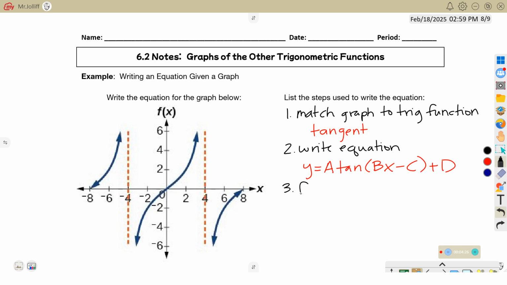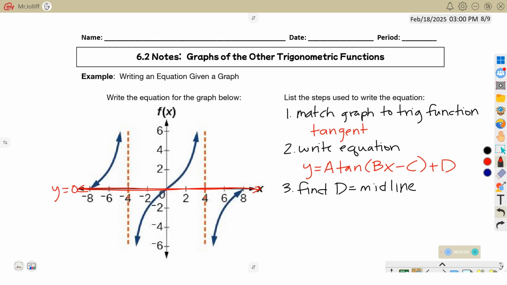So next step is to find D, which we know is where the midline is. For an S curve, I'm looking for the point where the slope goes from decreasing to increasing again. So where do we think the midpoint of our S's are? 0, yeah. That looks like the midline to me, and that's the equation y equals 0.